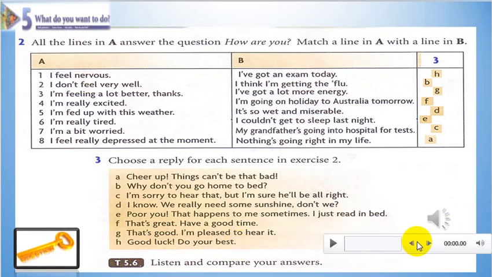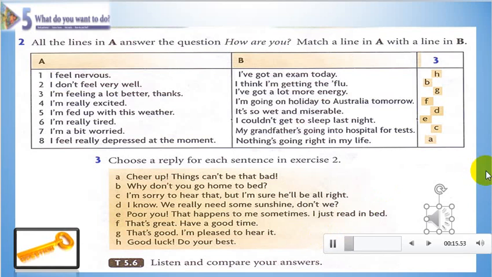So here, listen to the tape script 5.6, and here's the solution as you can see. Tape script 5.6. 1. I feel nervous. I've got an exam today. Good luck. Do your best. 2. I don't feel very well.